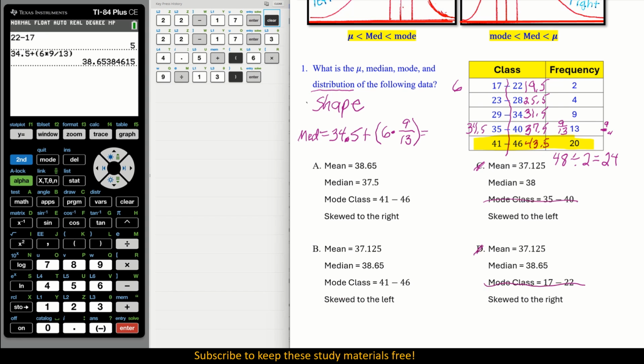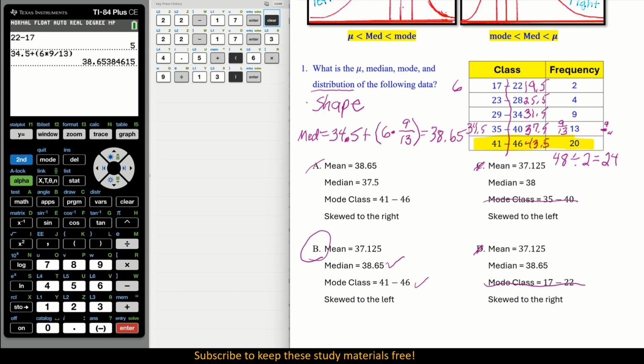That gives us A and B. Now, we're looking at our median. Remember, we just calculated the median at 38.65. Okay, well, that has to be B. So we're going to say A is not it. We're going to say B.